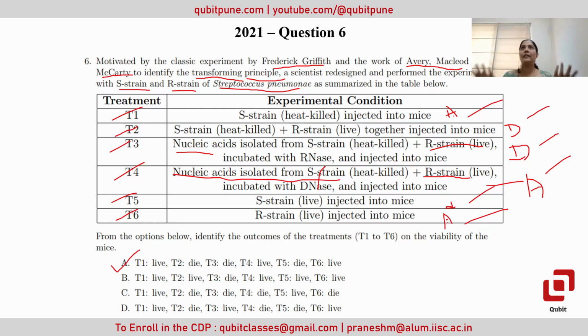So if the virulent DNA is not there, and only the avirulent strain is present, the mice will ultimately be alive. That is the kind of search that was then done by Avery, MacLeod and McCarthy. They discovered ultimately that the DNA's activity alone affects the presence of that particular virulent characteristic, which is the transforming factor, and that is ultimately nothing but DNA. So option A will be the correct one.